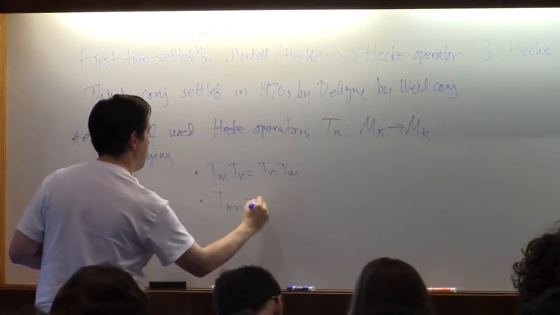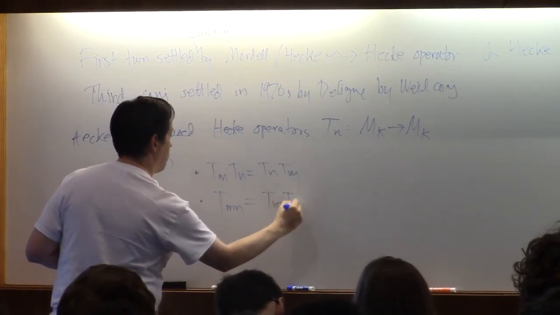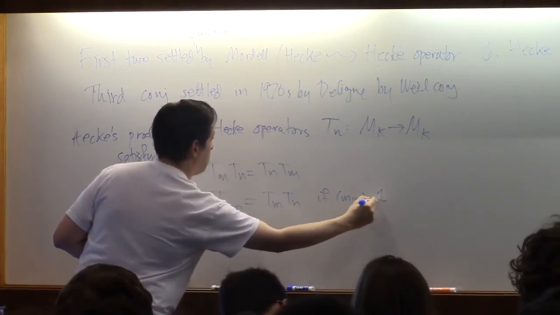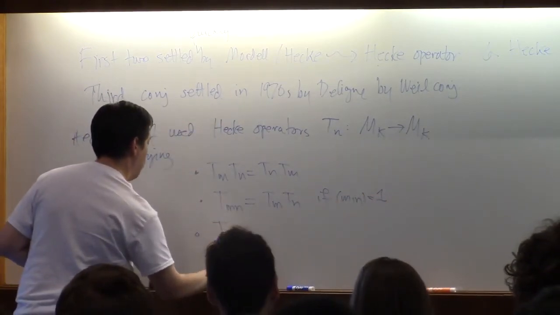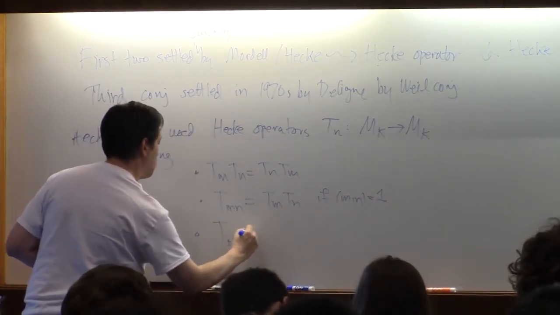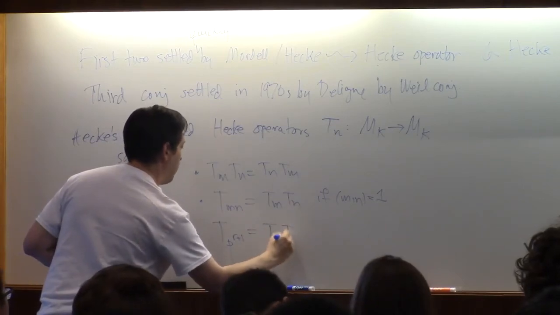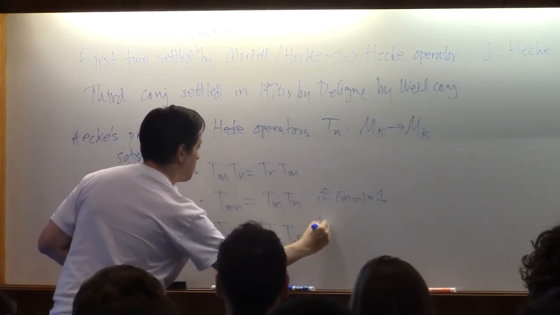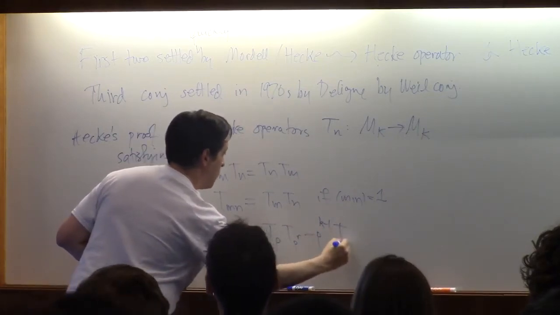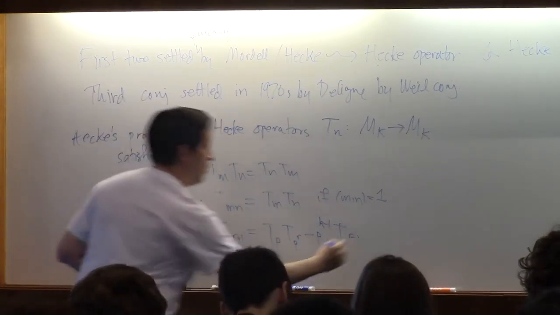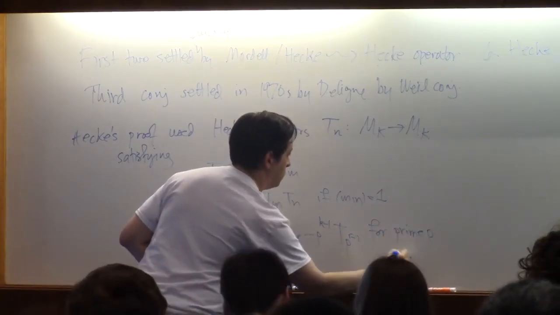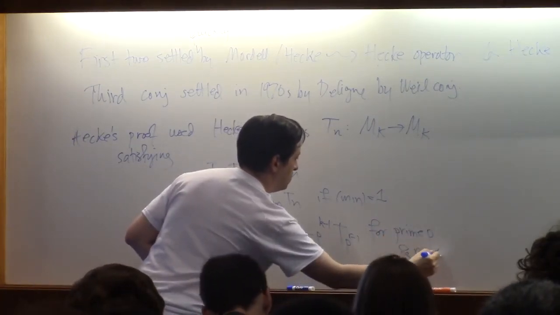The Hecke operator at mn is the product of the Hecke operator at m times the Hecke operator at n if m and n are relatively prime. And the Hecke operator at p to the r plus 1 is the product of the Hecke operators indexed by p and p to the r, minus p to the k minus 1, k being the weight, times the Hecke operator at p to the r minus 1 for prime p, and r at least 1.